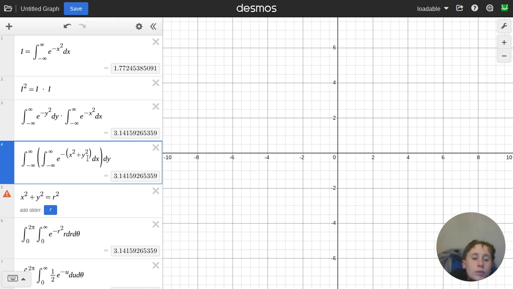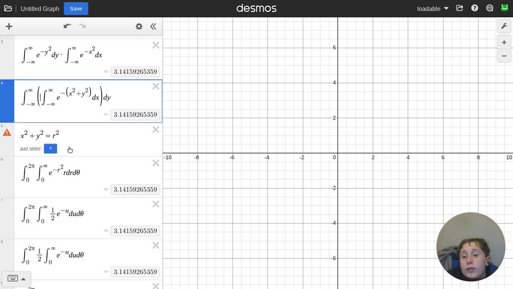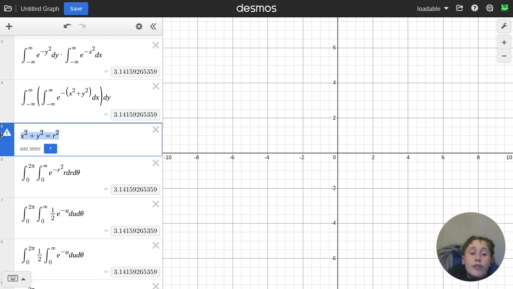Well, what is x squared plus y squared? It's r squared, which is radius squared. So negative r squared, of course. That radius squared comes from the circle formula, which is the definition of a circle.